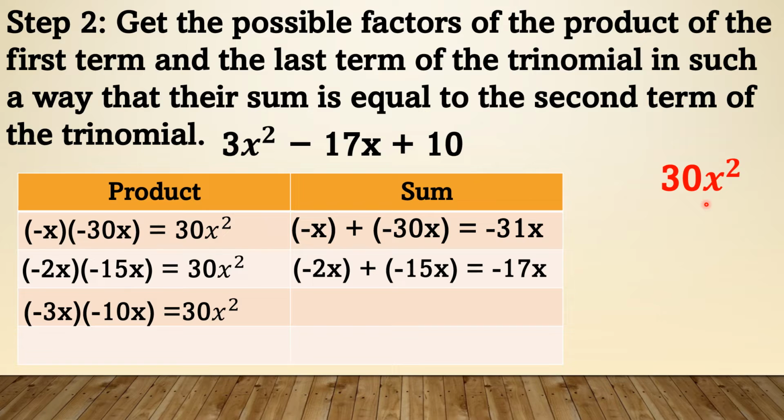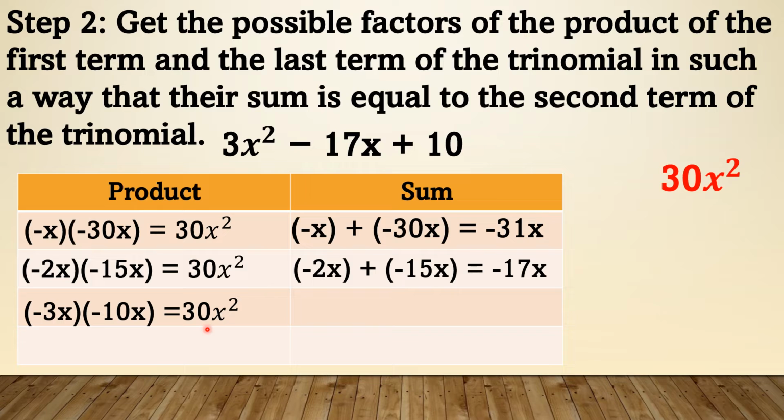Another possible factors of 30x squared are negative 3x and negative 10x. If you're going to multiply this one, the result is 30x squared.